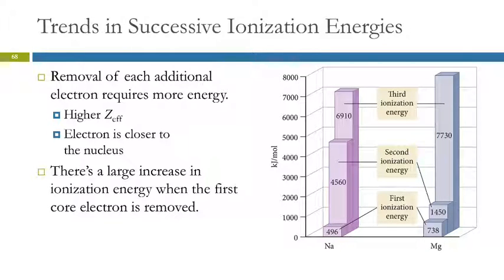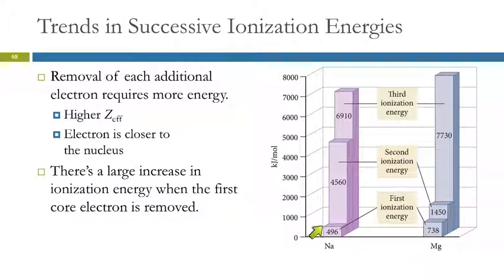It's like, you already took one of my electrons. You want another one now? Well, I'm raising the price, right? So it goes up. Each electron goes up. But what we see is there's a big jump. For sodium, the big jump comes between the first and the second. For magnesium, it comes from the second to the third.